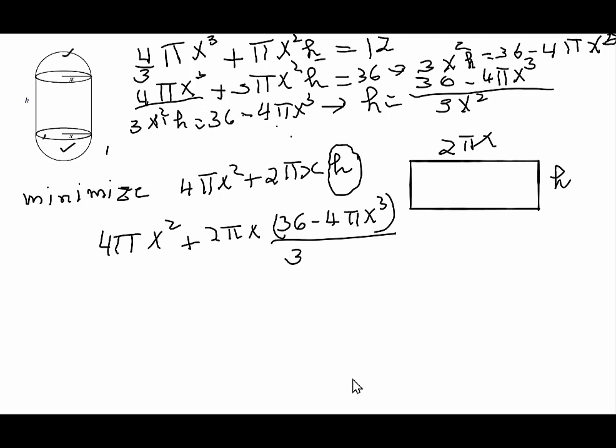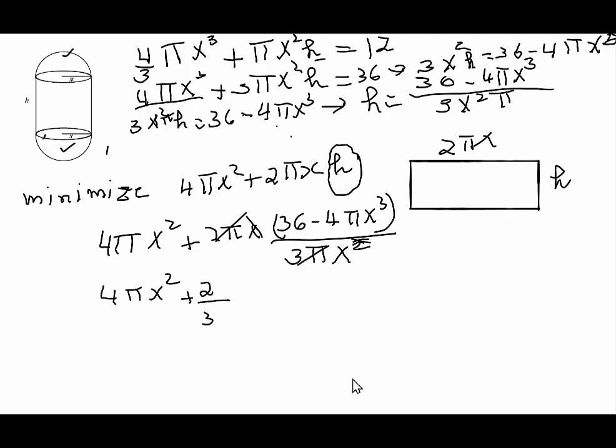I forgot that pi, so let's write the pi at the end. So these pi's cancel and this x will cancel this 2 here, right? So what happens is, the quantity that we have to minimize is what?